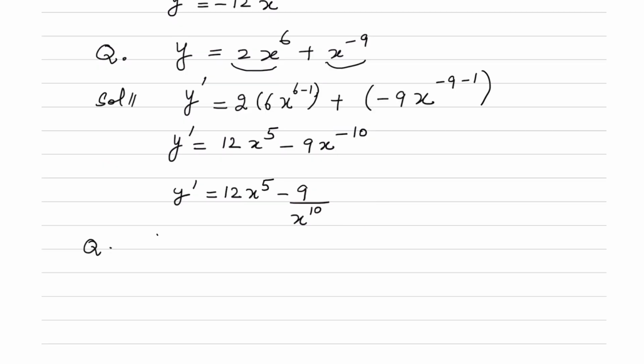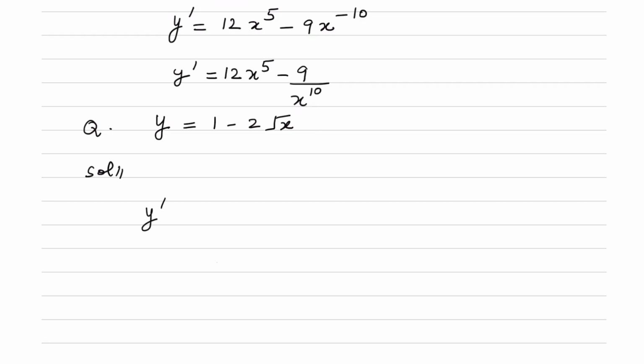Let's find the derivative of this expression. y is equal to 1 minus 2 square root x. So the derivative of y is denoted as y dash. Now the derivative of 1, which is a constant, is 0, minus 2 on the side, and the square root of x can be written as x to power 1 by 2. So apply the power rule on x to power 1 by 2, which gives you 1 over 2 on the side, x, subtract 1 from the power.